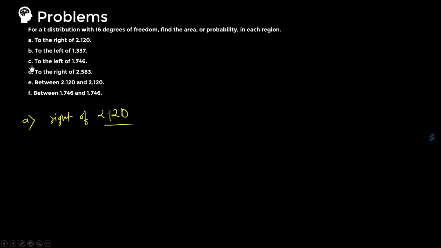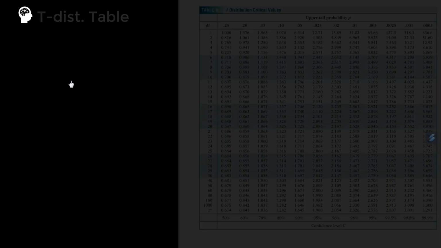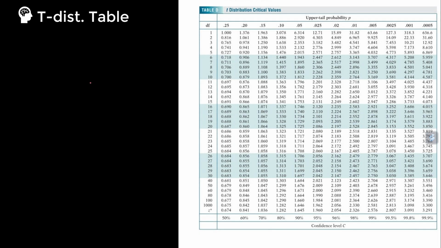Let us understand the left of 1.746, left of 1.746 at 16 degrees of freedom. So this is our 16 degrees of freedom and we want 1.746.